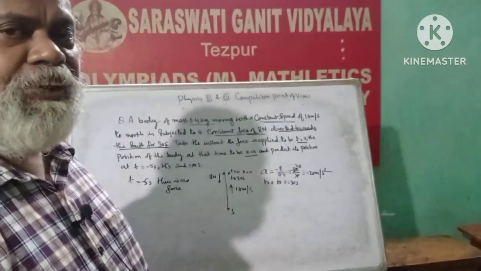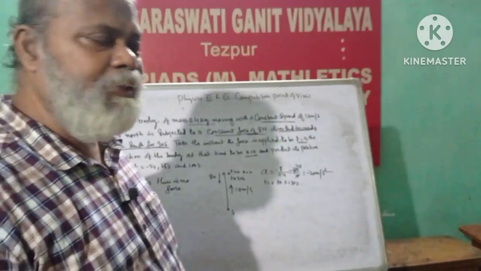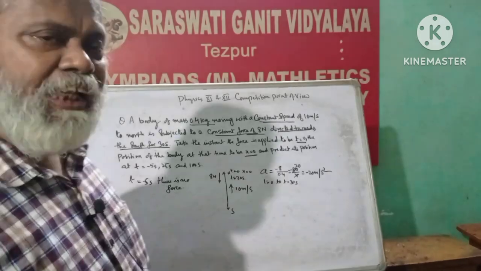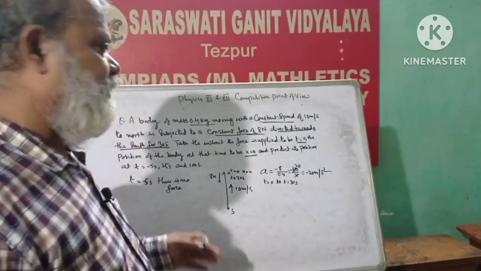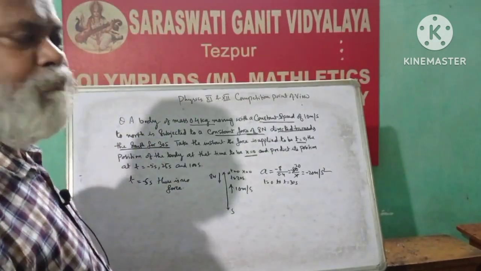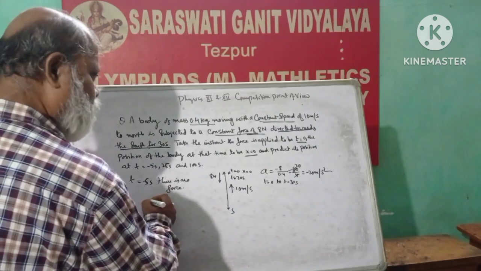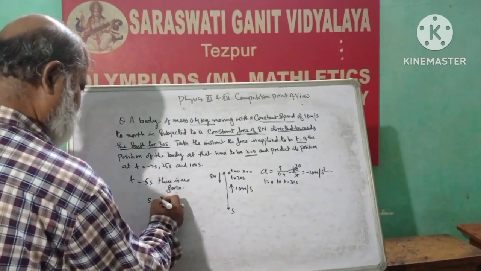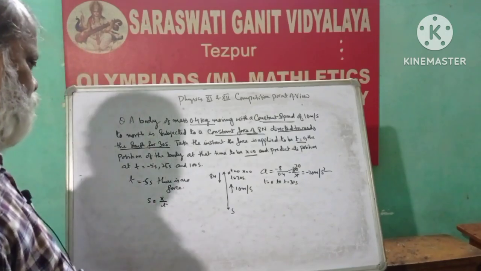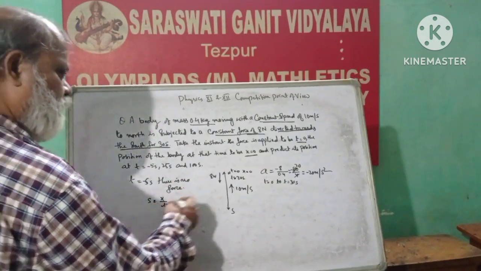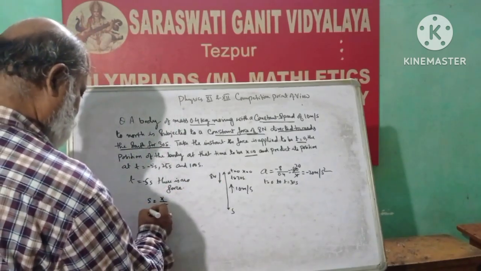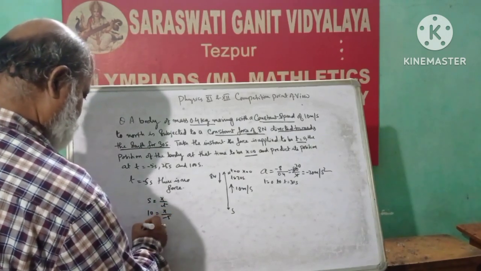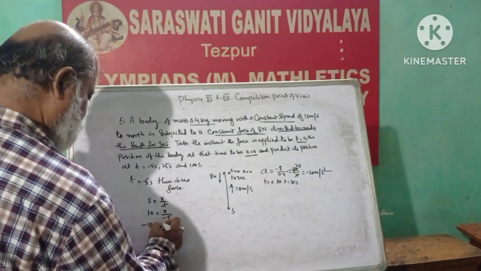When it is uniform velocity, the net force is 0 and the acceleration is 0. So at that time you can use the formula speed is equal to distance x by t. Here your speed is 10 and your time is -5, so -50 meter will be your x.